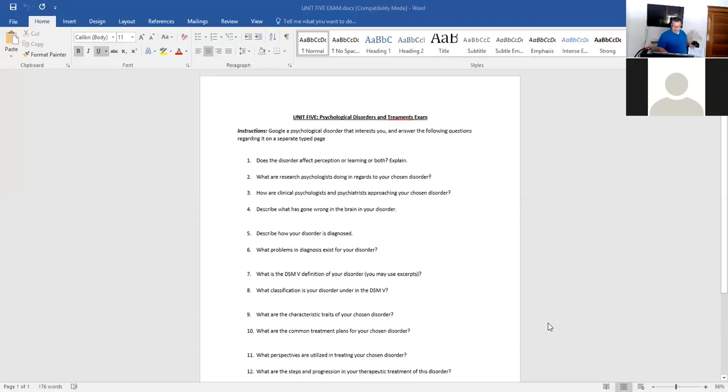What problems in diagnosis exist for your disorder? That's where we get into the differential diagnosis, because it could be several other things, such as comorbidity. Many individuals with dissociative identity disorder present with a comorbid disorder, and it might just be a comorbid disorder instead of this.